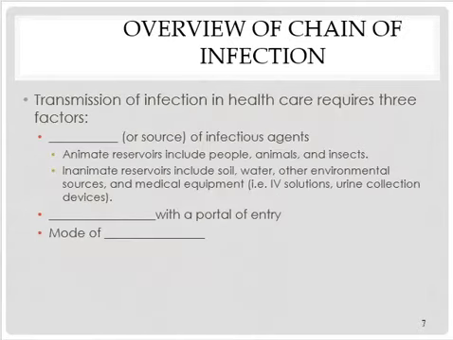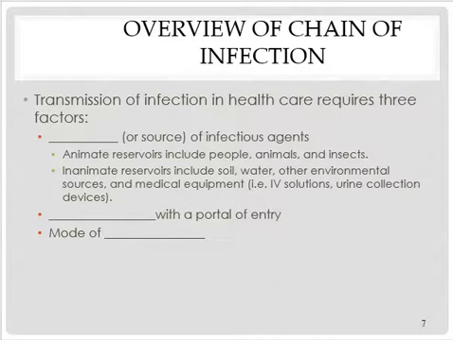In this slide, we're going to do an overview of the chain of infection. This all should be a review for you guys. I know you've heard this many times, probably starting with microbiology. Transmission of infection in healthcare requires 3 factors. Those factors include a reservoir or source of infectious agents.